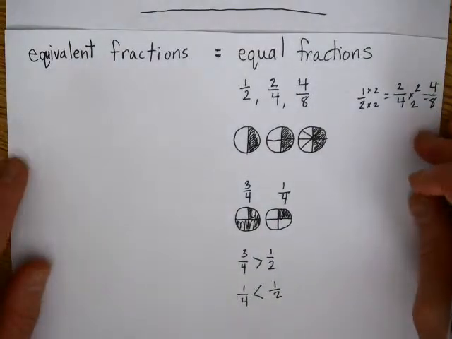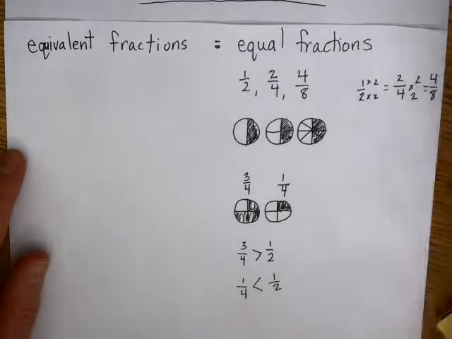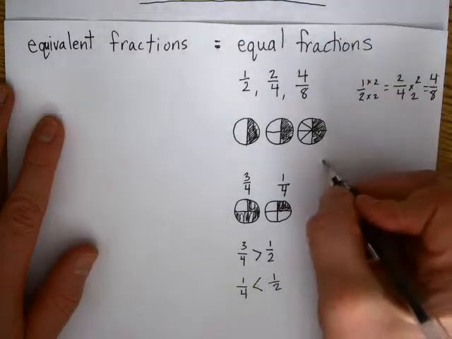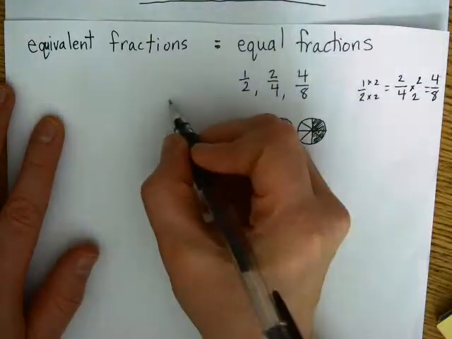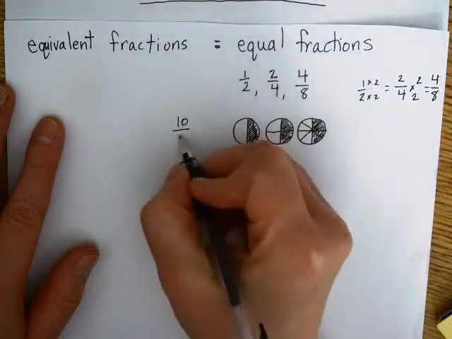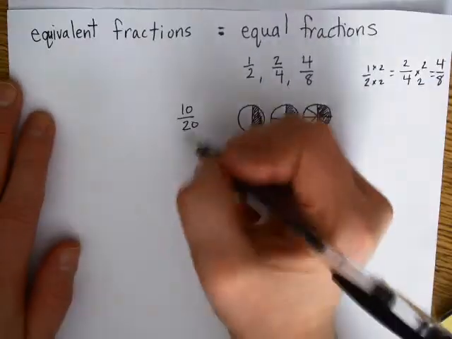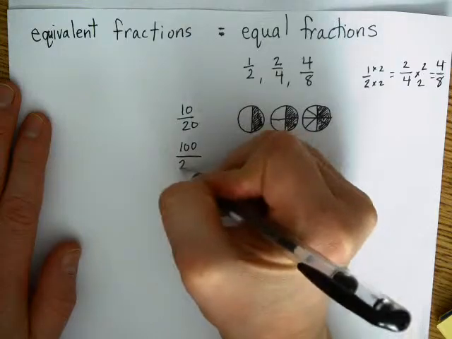The other thing that the kids also noticed was it doesn't have to be times 2. We could multiply the top and bottom times 10. So instead of 1/2, it could be 10/20. Okay, we could multiply the top and bottom by 100. Okay, it could be 100 out of 200.